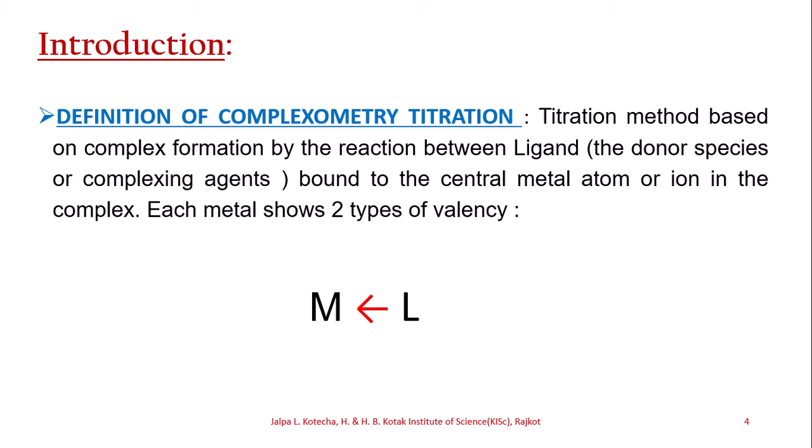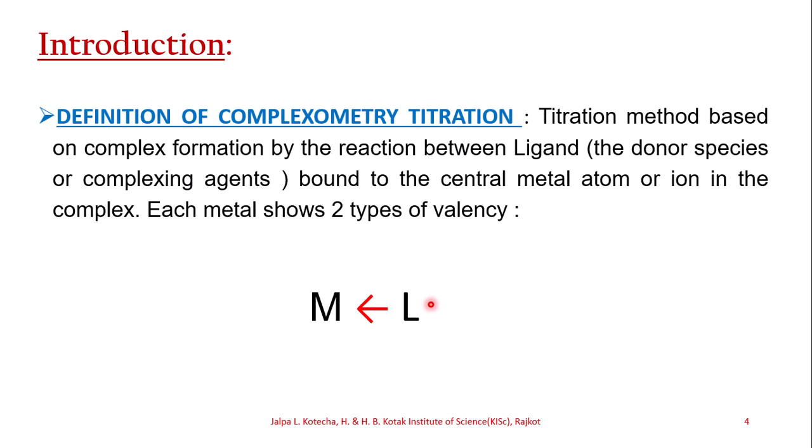We have the central metal atom or an ion, which has vacant orbitals, that is the condition. The second is an ion or a molecule, the ligand. Ligand is nothing but a donor species, or it is known as a complexing agent.